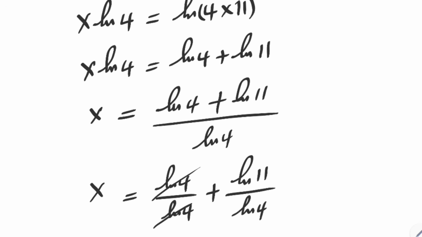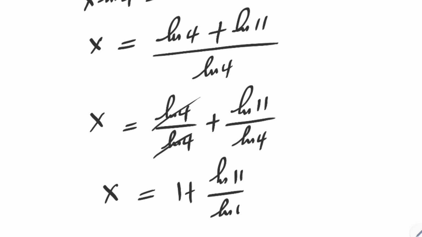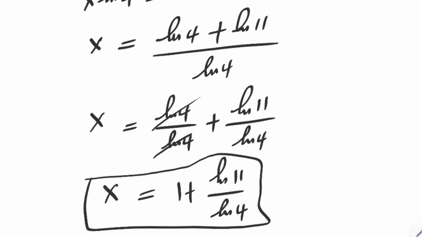This ln of 4 cancel this ln of 4. x is equal to 1 plus ln of 11 over ln of 4. Then this is the value of x in terms of natural logarithm.